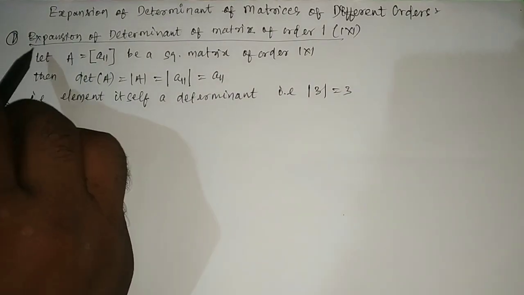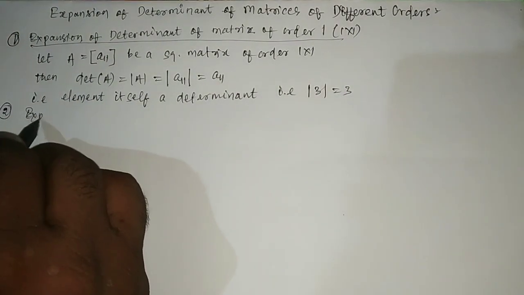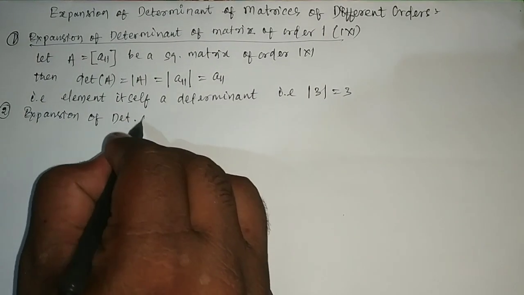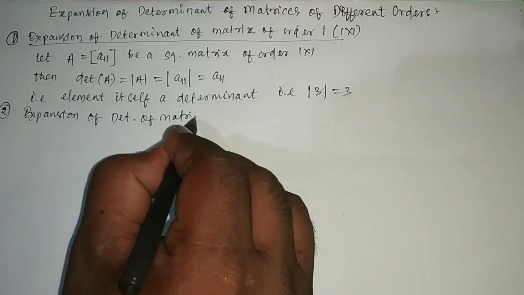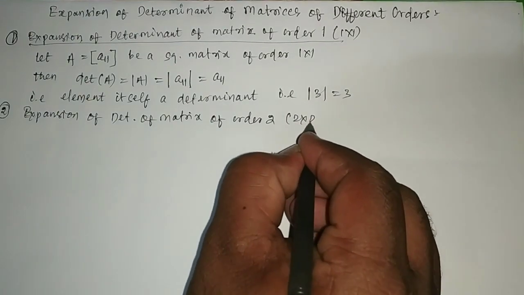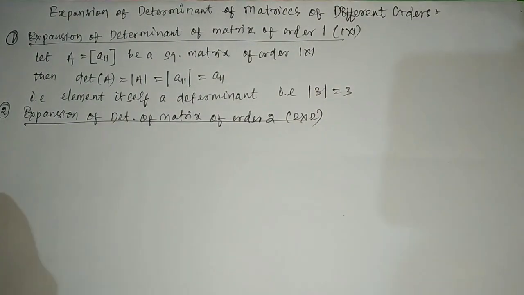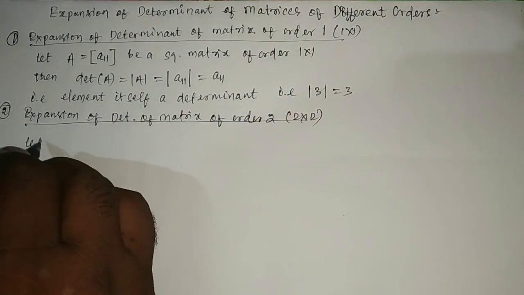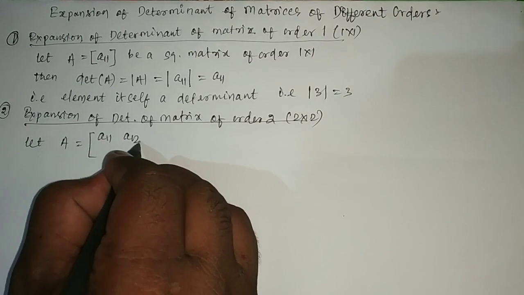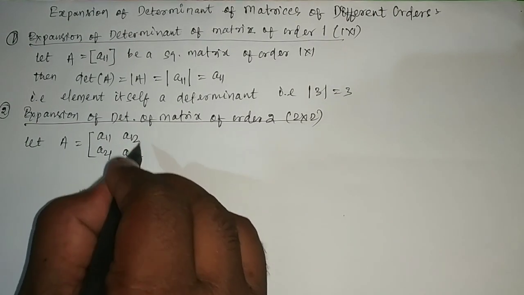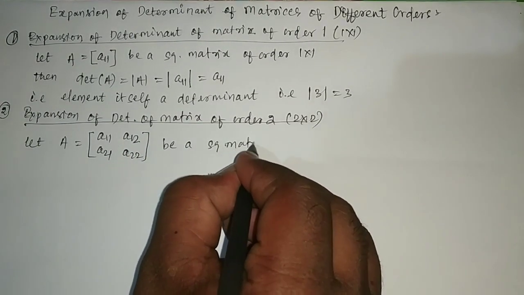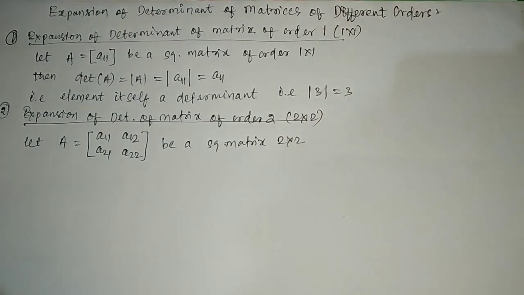Second one, expansion of the determinant of a matrix of order 2, that means a 2 cross 2 matrix. Let A equal to the general matrix a11, a12, a21, a22 be a square matrix of order 2 by 2.